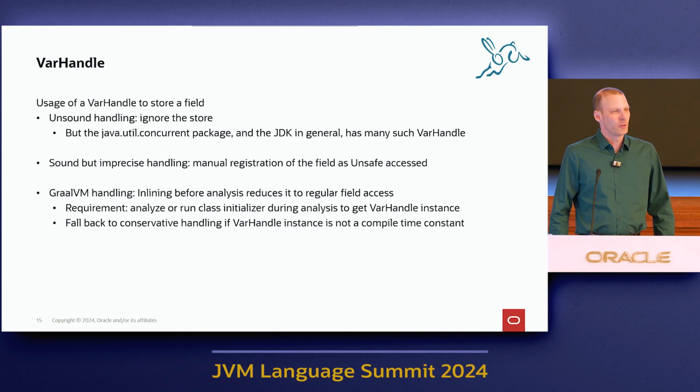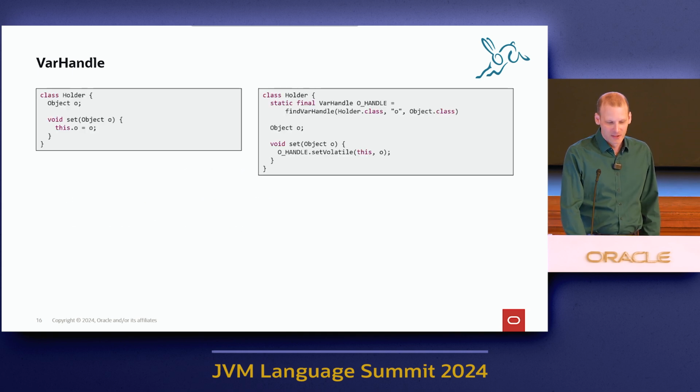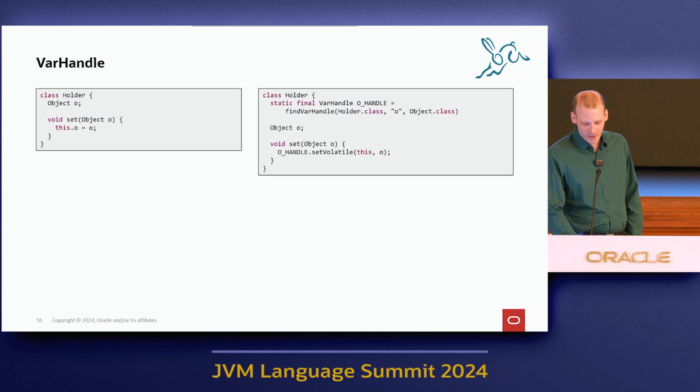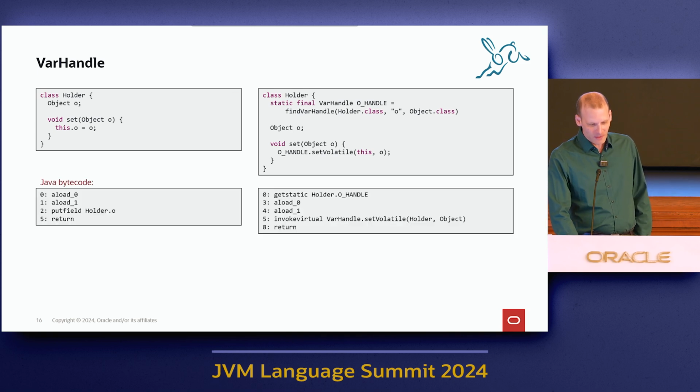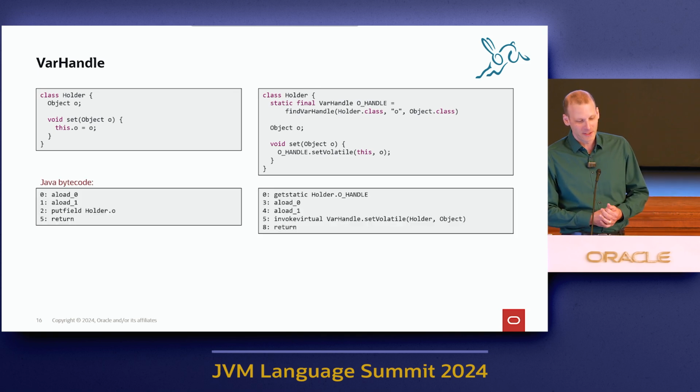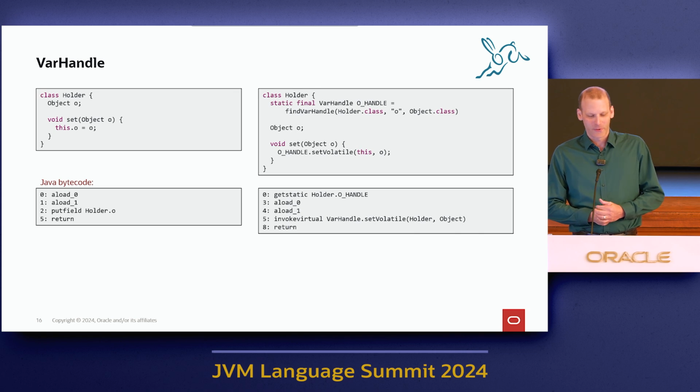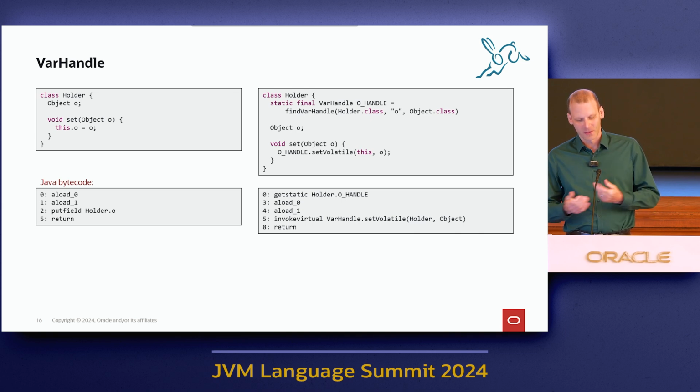A very good use case for that is VarHandle, because as we all know, you can either store a field via the normal putfield bytecode, or you can store a field via a VarHandle. When you look at the bytecode that you get out, you have some VarHandle somewhere, you load it from a static field, and then you do an invokevirtual to set.